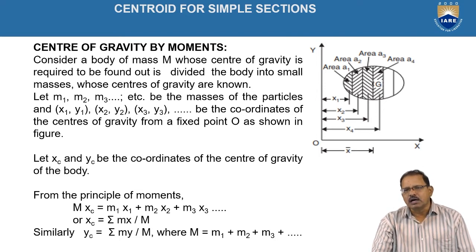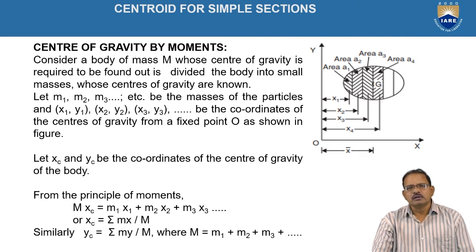Since g is common, it can be written as M xc equals M1 x1 plus M2 x2 plus M3 x3 and so on. This is equal to the sigma of m x, where i goes from 1 to infinity. The sigma of M1 plus M2 plus M3 is equal to the total mass of the body, represented as capital M. Hence, the simplified equation for xc is equal to sigma m x divided by M.